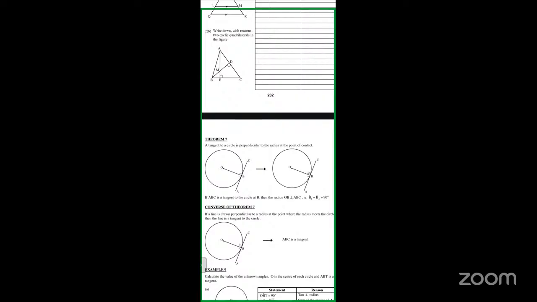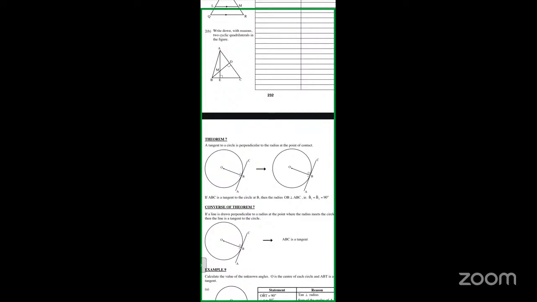So this theorem is saying a tangent to a circle is perpendicular to a radius at the point of contact. Where that radius and the tangent meet, there will always be perpendicularity. There will always be 90 degrees there. Sometimes they can just give you a diameter, maybe let's say KOB.